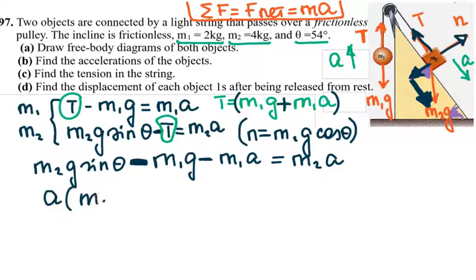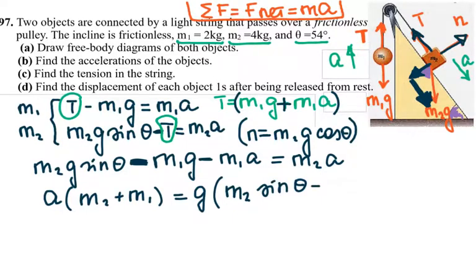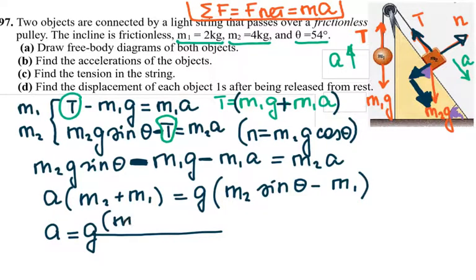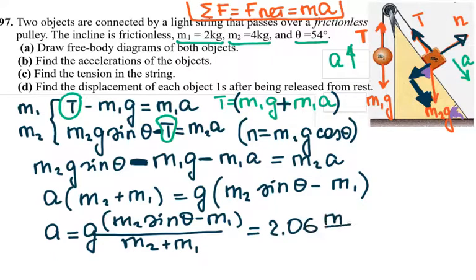So I have m2 plus m1, and on the other side I can take g out. What's left is m2 sine theta minus m1. So acceleration is equal to g times m2 sine theta minus m1, over m2 plus m1, and that will be equal to 2.06 meters per second squared.